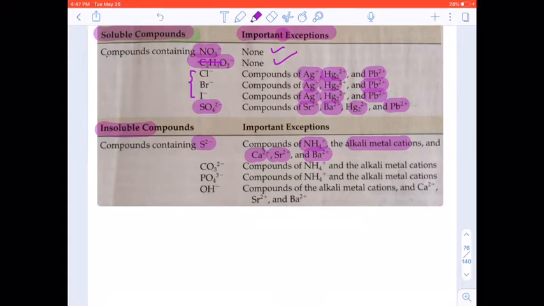All others besides them are insoluble. Then we have carbonates. Carbonates are generally insoluble. The only soluble ones are ammonium carbonate and alkali metal cations that combine with carbonate. Otherwise, the rest is insoluble.